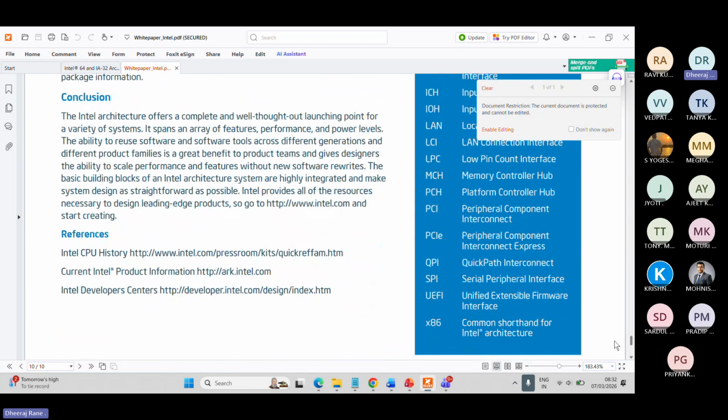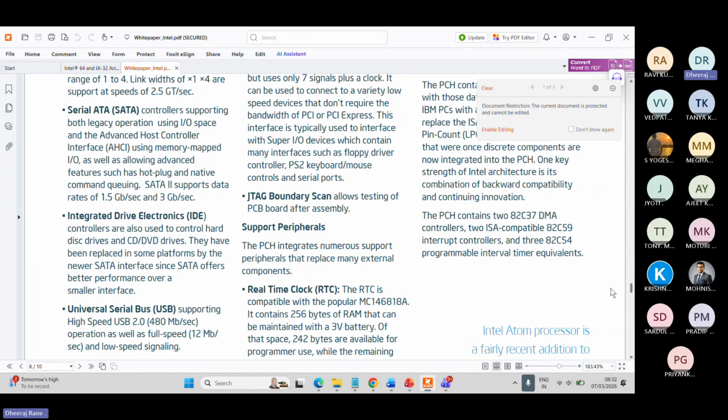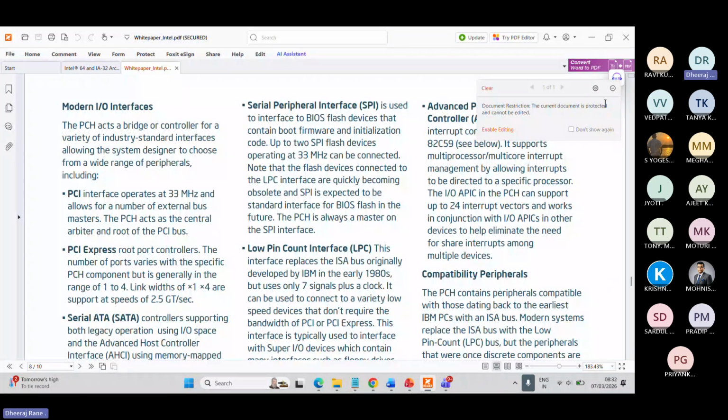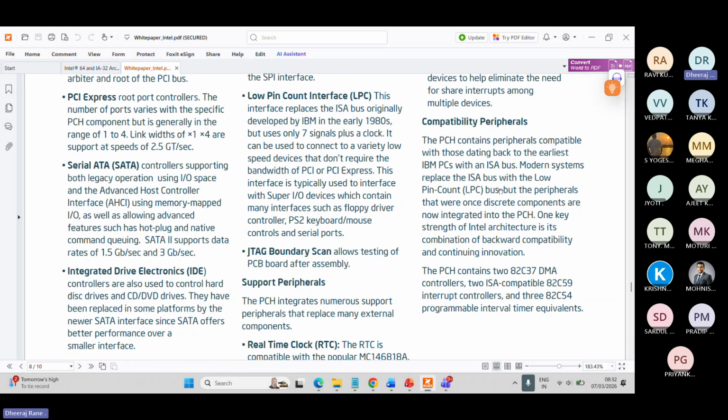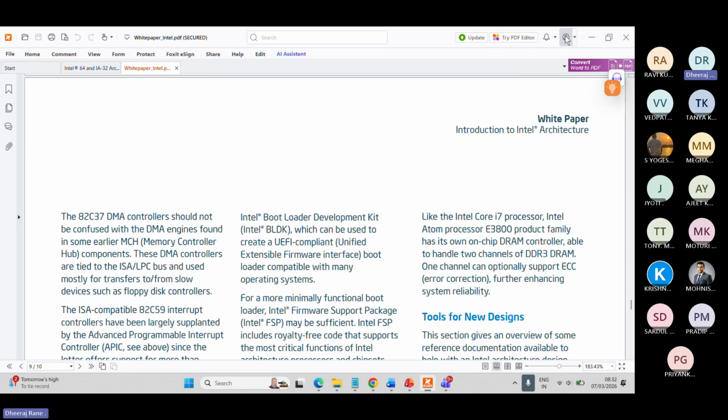Those who have been using a system from 2010 or so might have heard about configurations like dual core and quad core. But nowadays the number of cores is more than that, and that's why you don't hear them, right? So I'll share both of these documents.